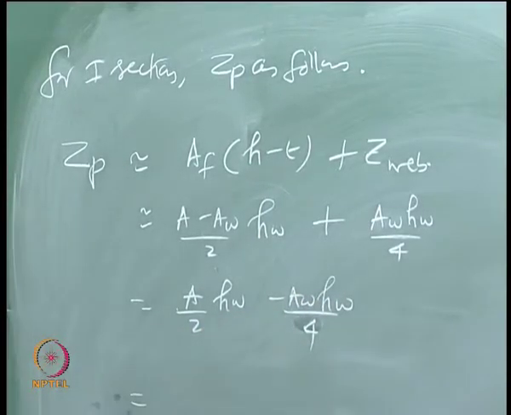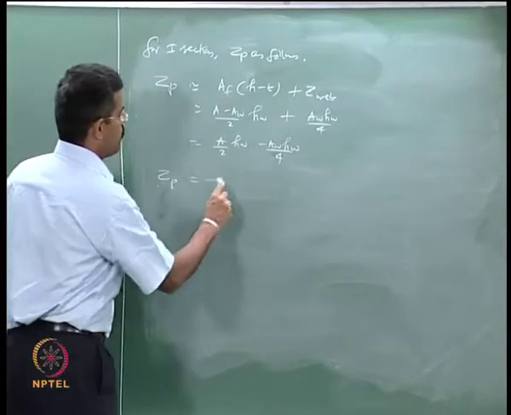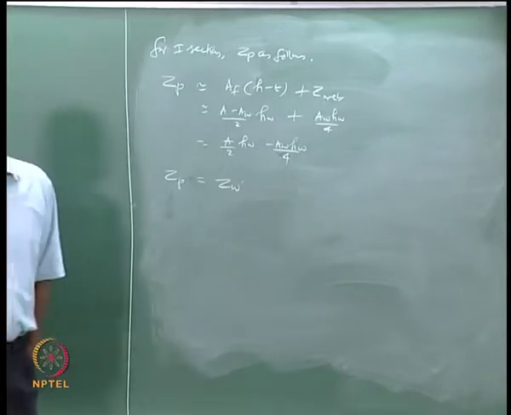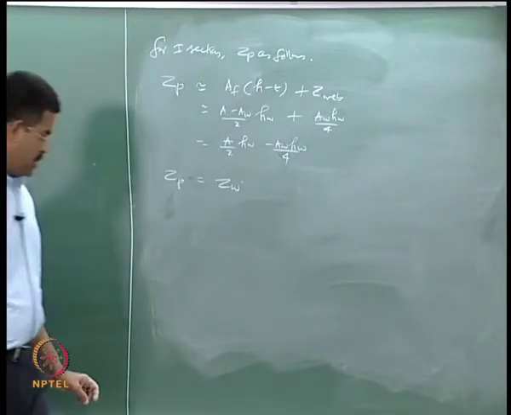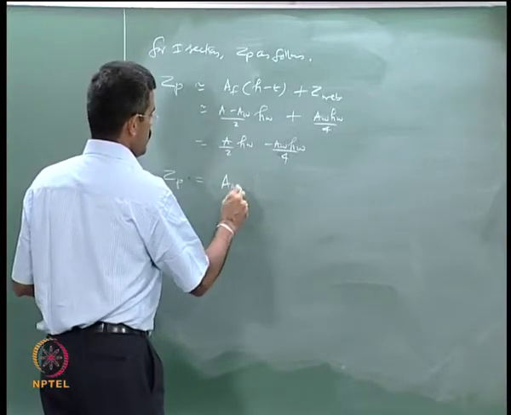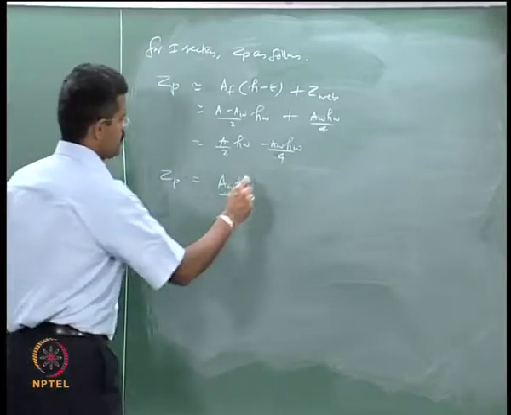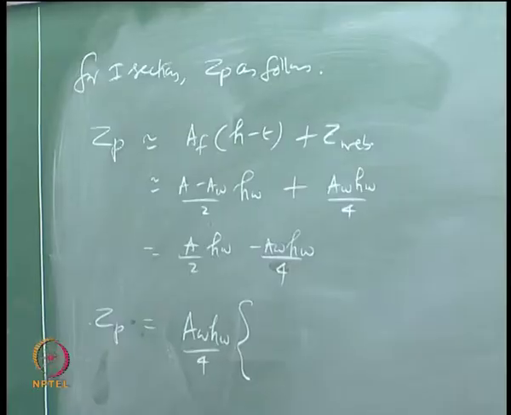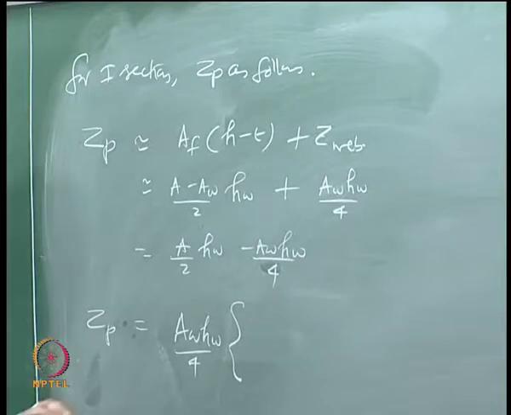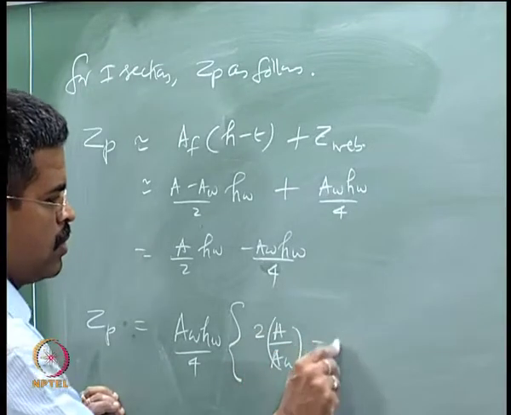So I can express ZP now as ZW of AW HW by 4 times A by AW minus 1.